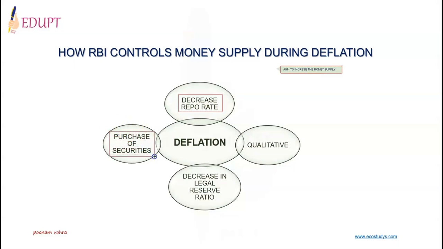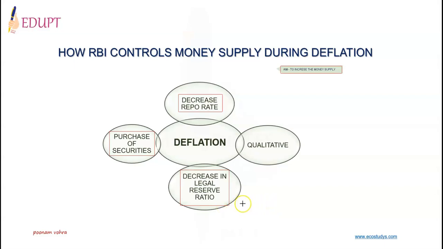RBI will purchase the securities in case there is deflation, as purchase of securities implies more money will be pumped into the system and hence money supply gets increased. There will be a decrease in the legal reserve ratios, whether it is cash reserve ratio or statutory liquidity ratio.